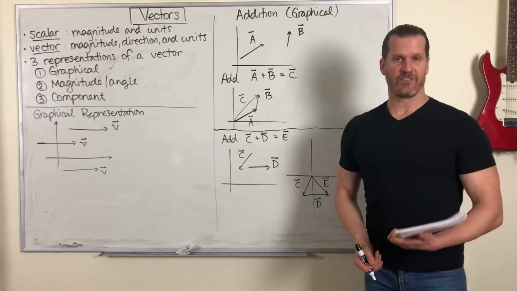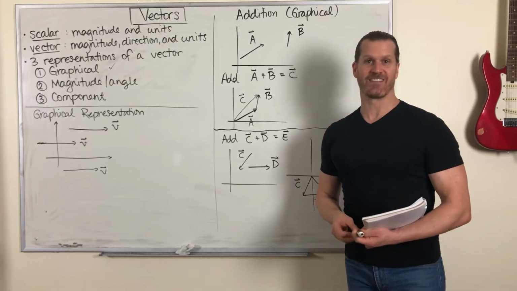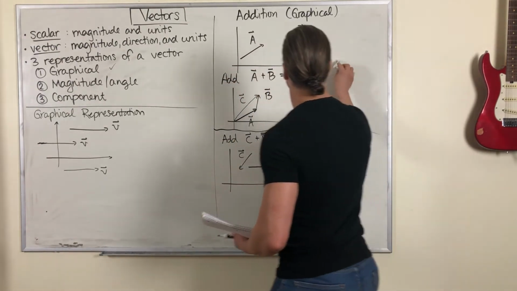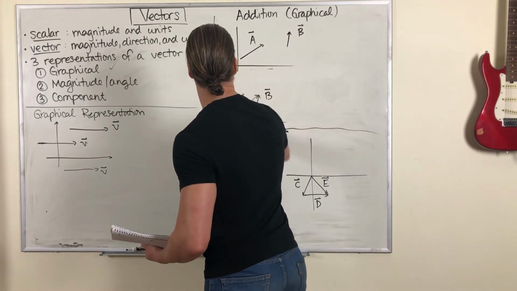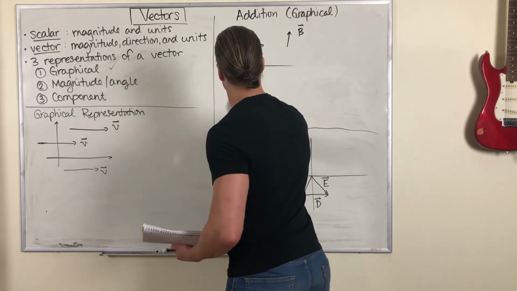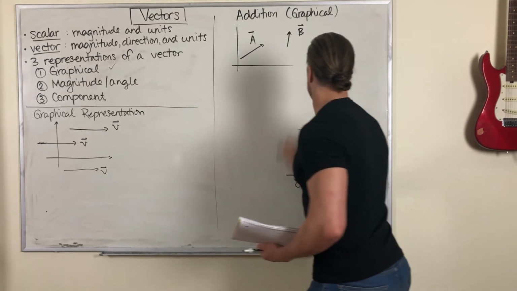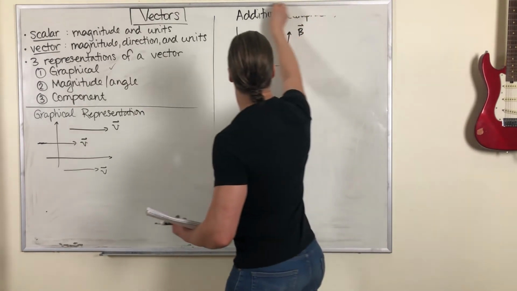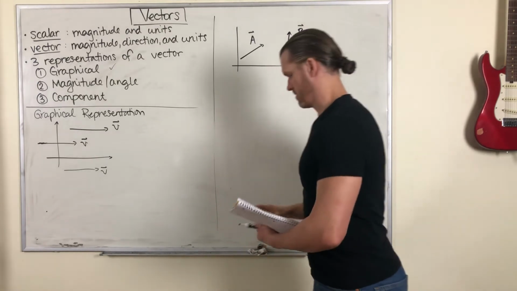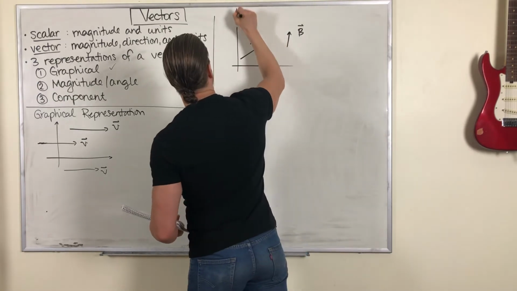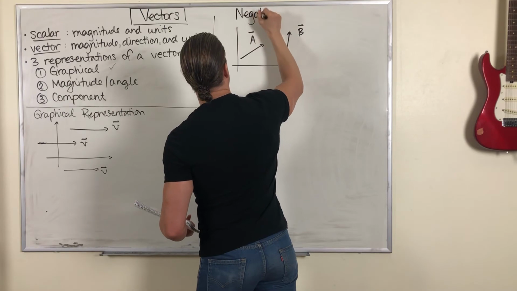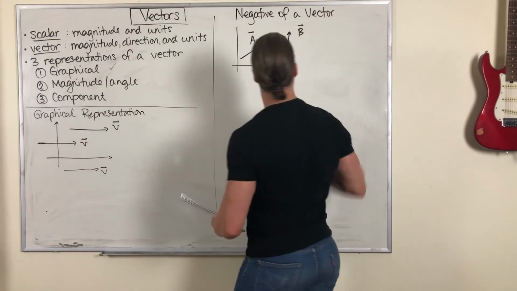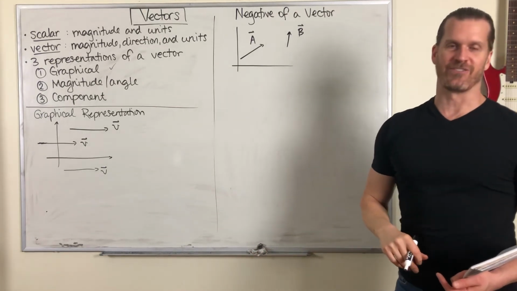All right, next thing we need to do, we need to learn how to take the negative of a vector. The negative of a vector is super easy.